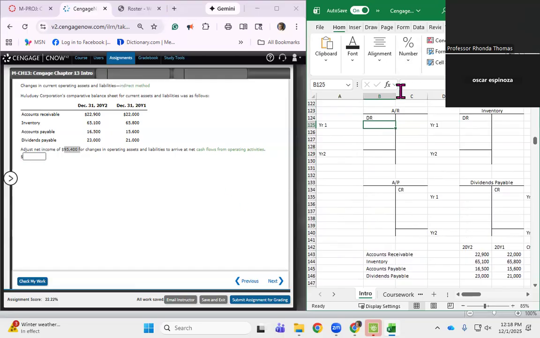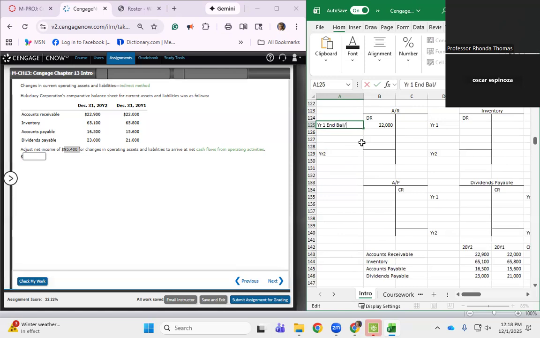So yes, I know this was the ending. In fact, I'm going to put that word there. Year 1 ending balance. But this is year 2. So we're going to put 22,000 here, which is also the beginning balance of year 2. The ending balance of one year is the beginning balance of the next.